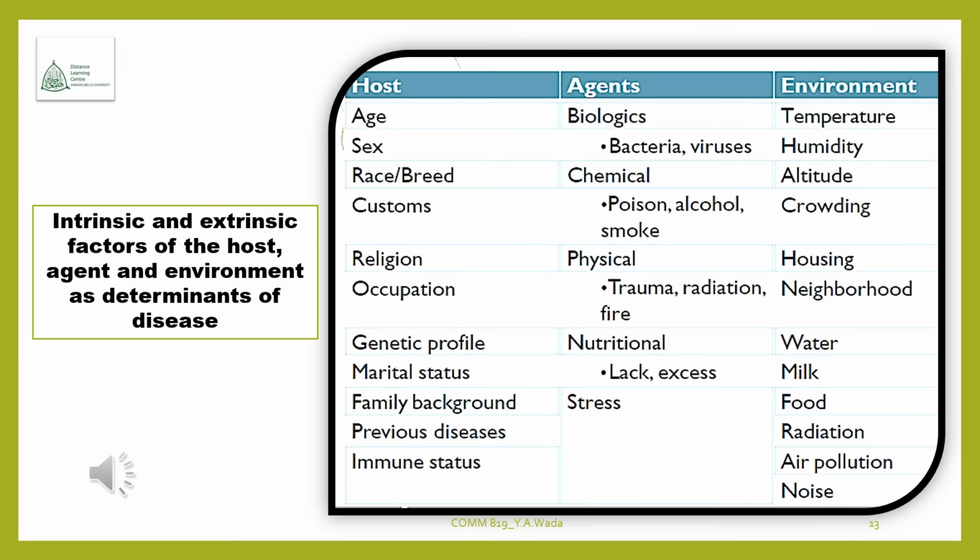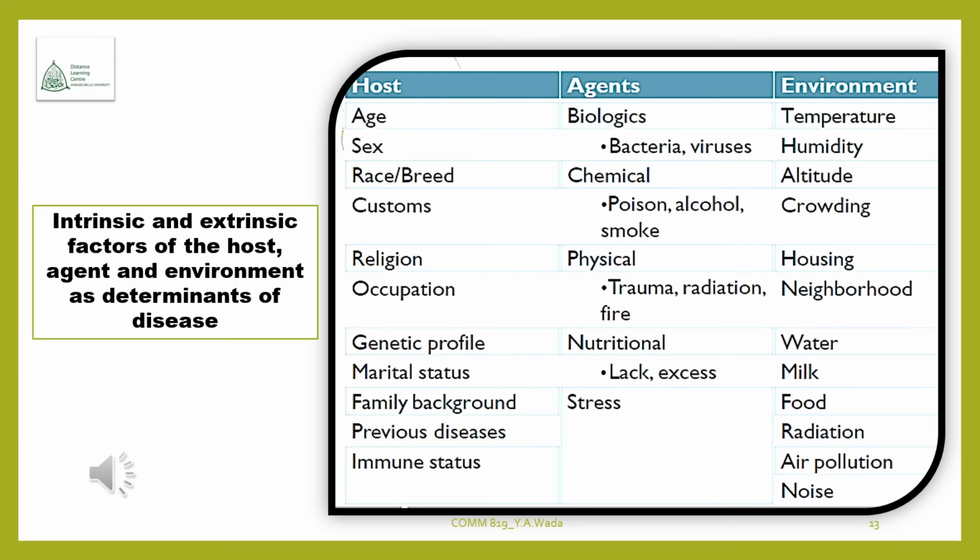Then the second factor is agent. The agent here deals with the pathogen or the causative agent. Agents are biological, physical, and chemical factors whose presence, absence, or relative amount, whether they are too much or too little, are necessary for disease to occur.